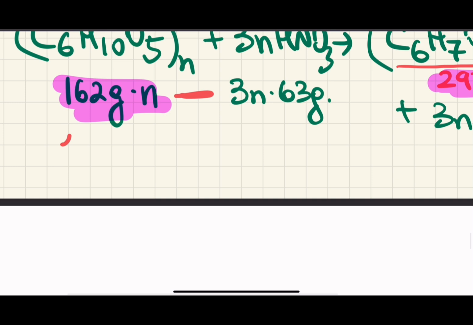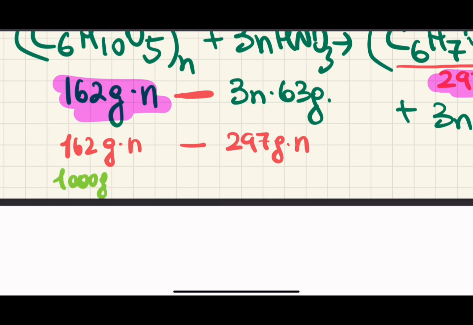So we have 162 gram times N gives you 297 gram times N amount of cellulose trinitrate. What if you have 1000 gram of it? X gram of cellulose trinitrate will be formed.